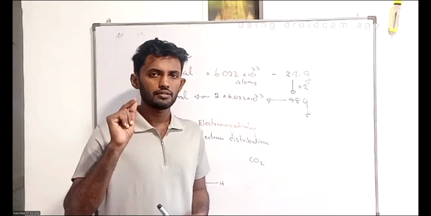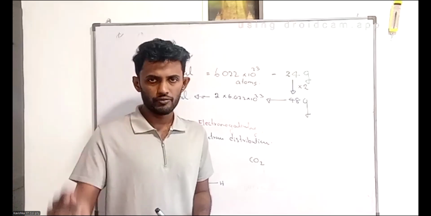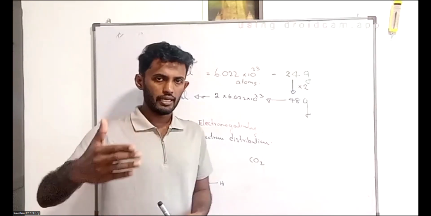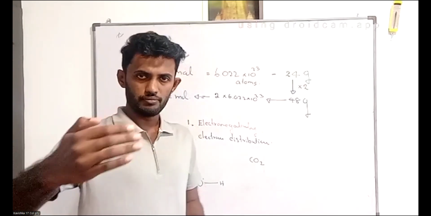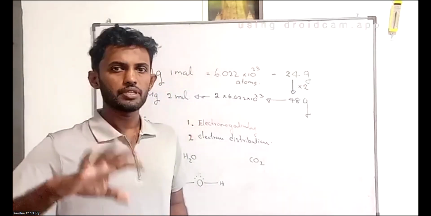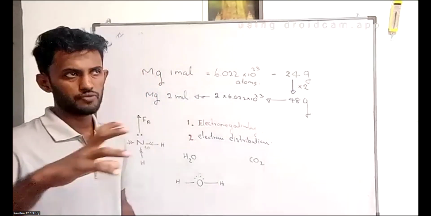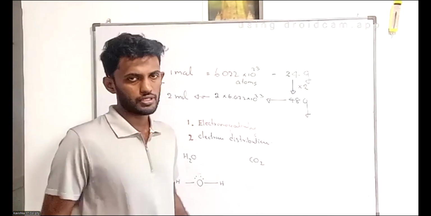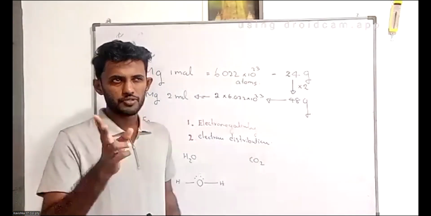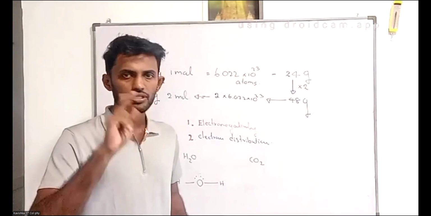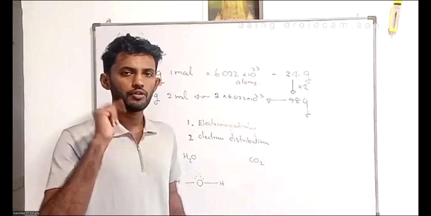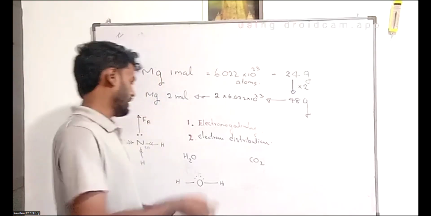AlCl3 and what is the other one? PCl5. In AlCl3, aluminium is below octet. PCl5 will expand, phosphorus has more than octet, 10 electrons. So the exceptions are AlCl3 with aluminium, PCl5 with phosphorus, and hydrogen.